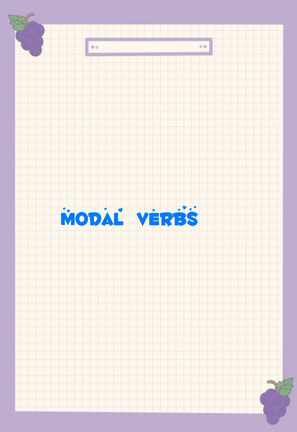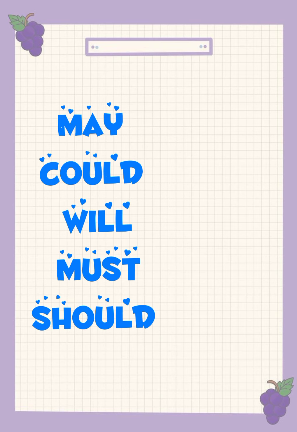Now, modal verbs like may, could, will, must, should, they're also auxiliary verbs. They help the main verb in the sentence. But the subject-verb agreement rules are different with modal auxiliary verbs. The verb following a modal verb is never in the S form.